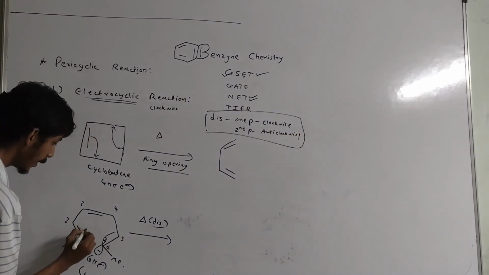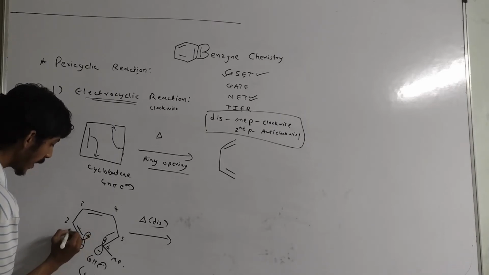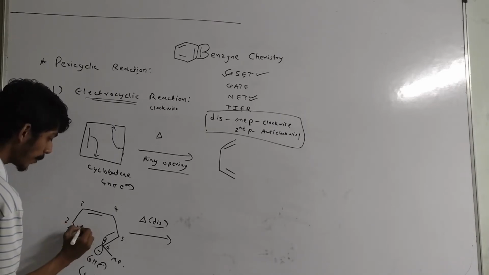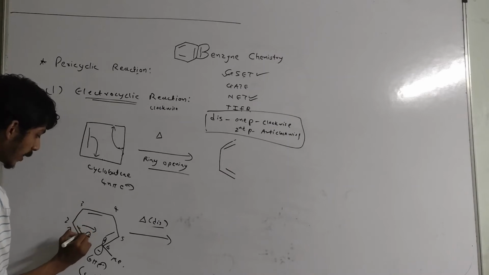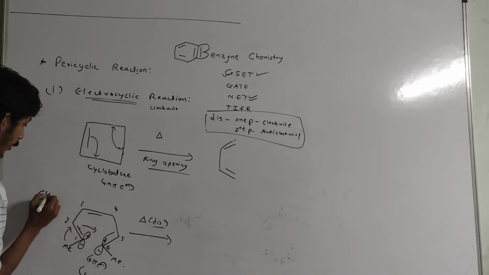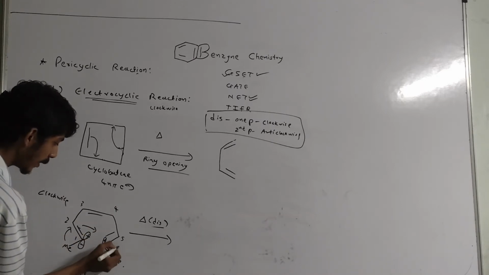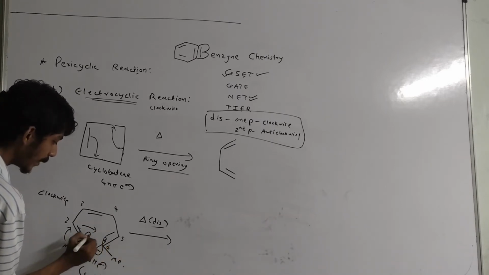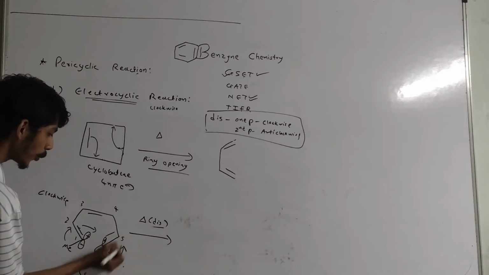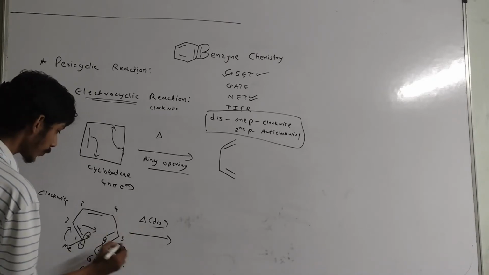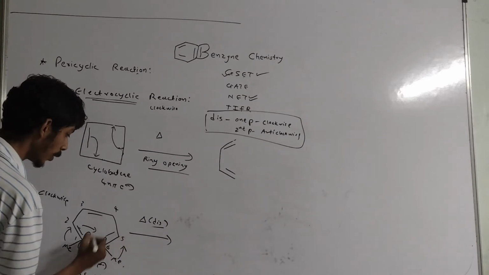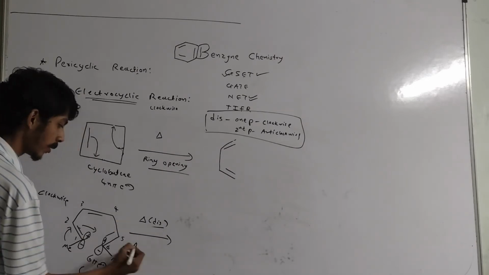Okay, so this methyl group goes upward. Why upward? Because this p orbital goes clockwise. And in order to combine these two positive signs, this methyl group also goes upward. So this is the anti-clockwise direction.